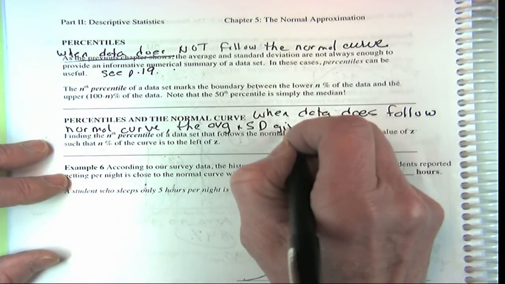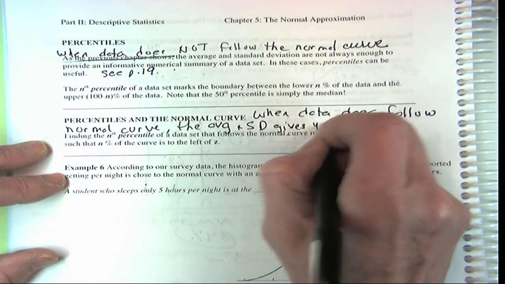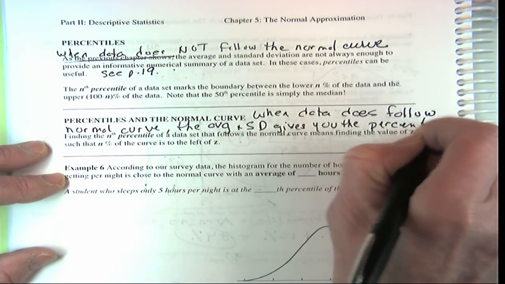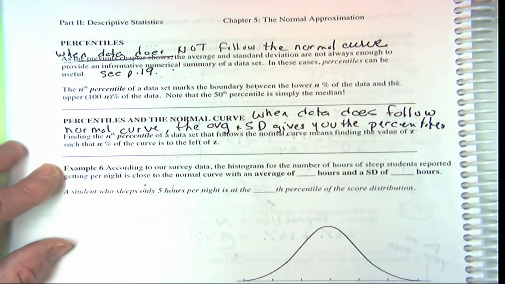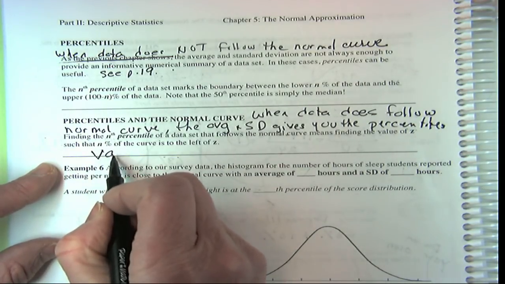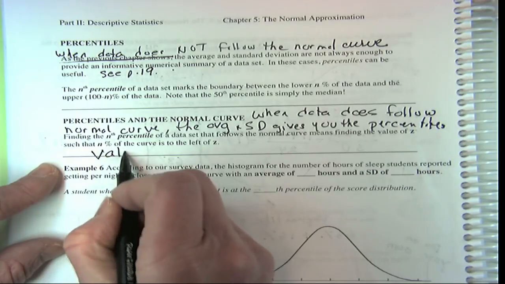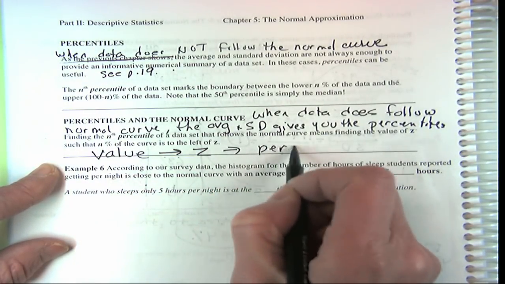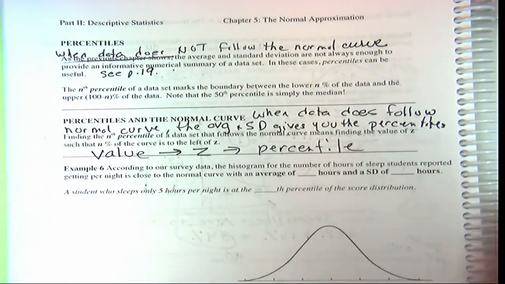Okay, it gives you the percentile. How? Well, through the z-score. So what you do is you take the value, and through the z-score it gives you the percentile, like we've just been doing.